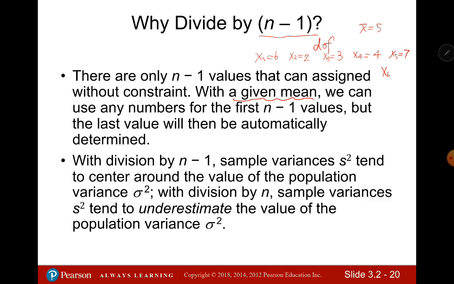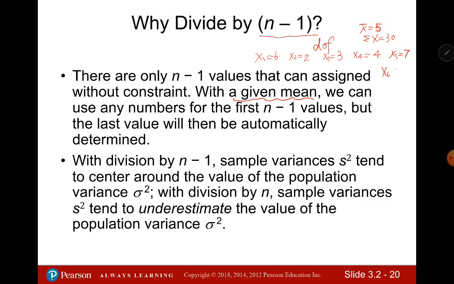Because we already have the mean value. The mean value is 5, which means the sum of all these 6 values should be equal to 30. So we have a constraint for the last value.